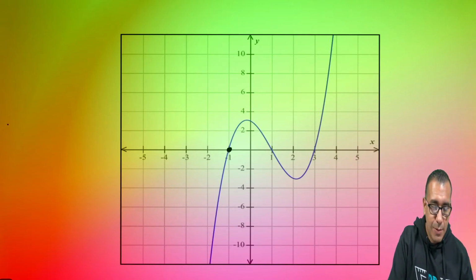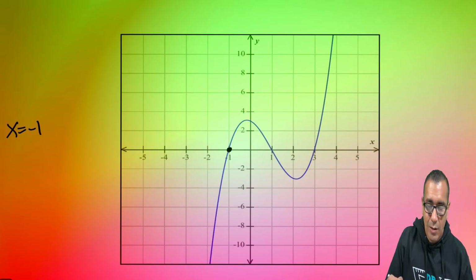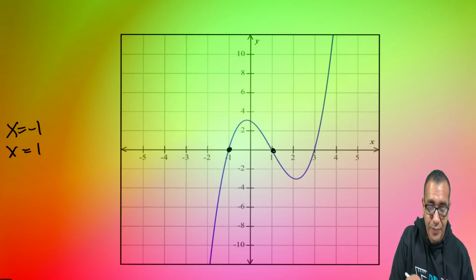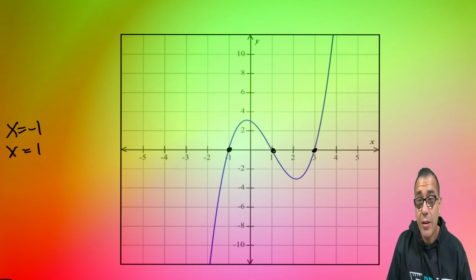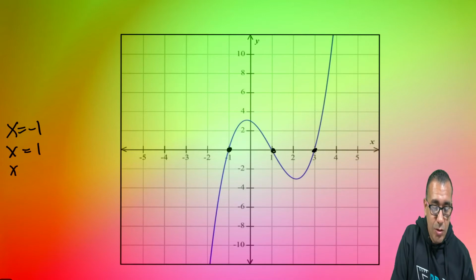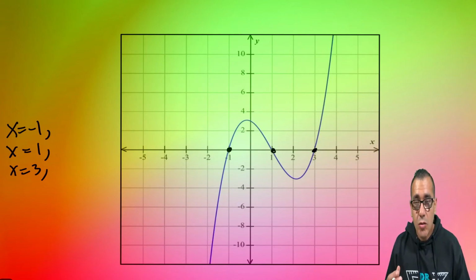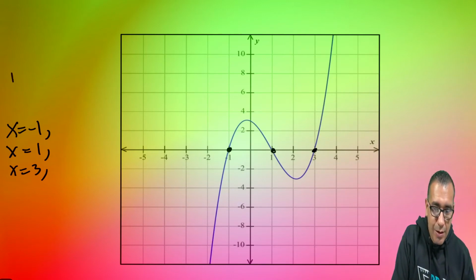So let me list them. x equals -1, that's one of my zeros. Then I have another x-intercept right here at 1, so x equals 1. I have another x-intercept right here at 3, so x equals 3. Remember, when these are our x-intercepts, we also know the factors for our polynomial.